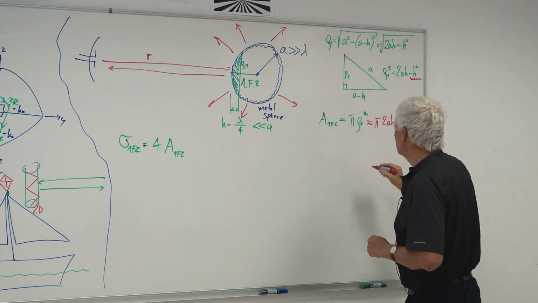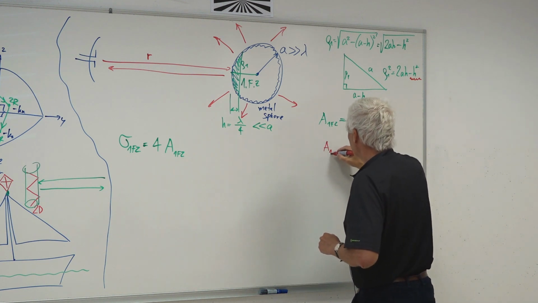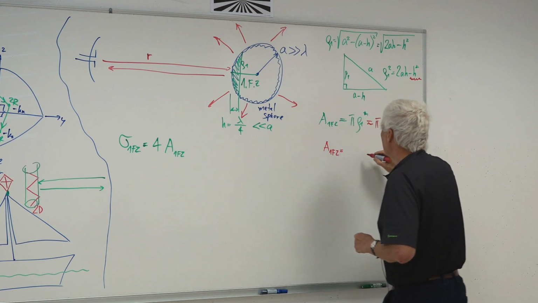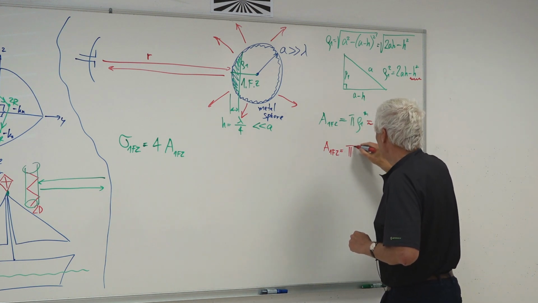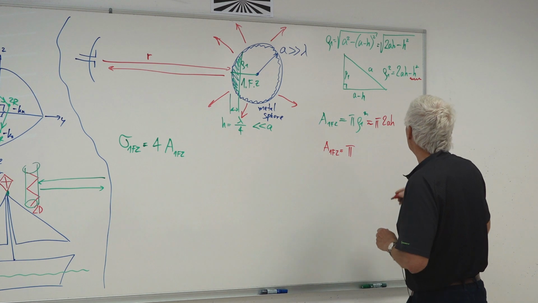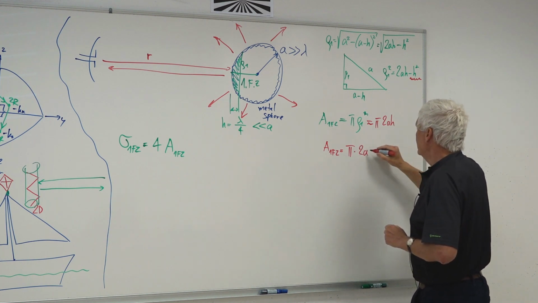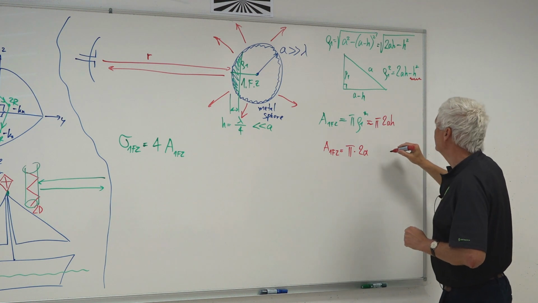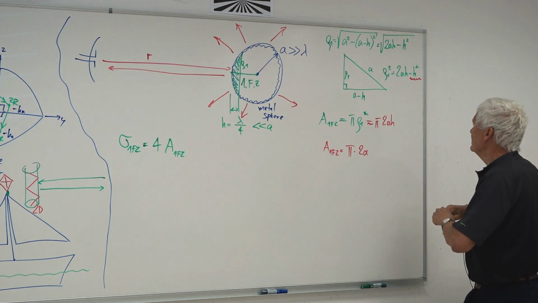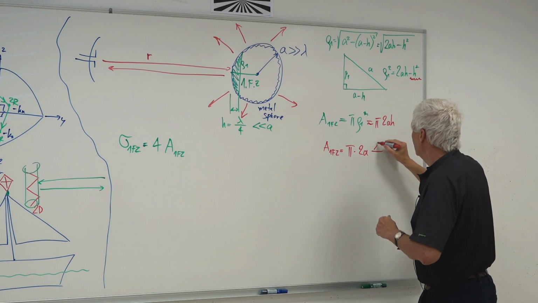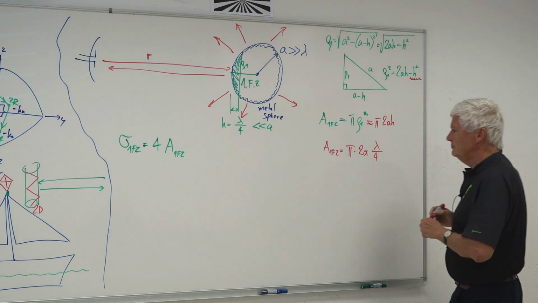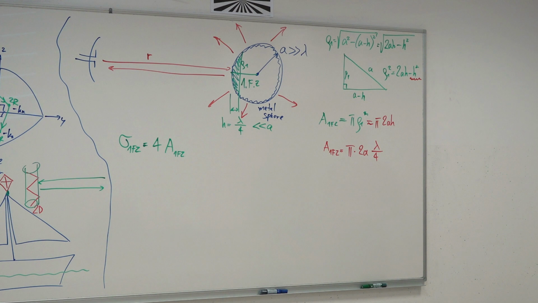The area of the first Fresnel zone is now pi times 2A times lambda over 4.